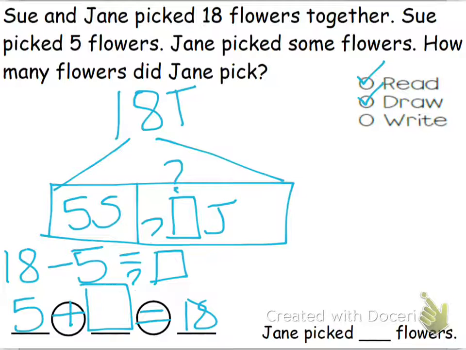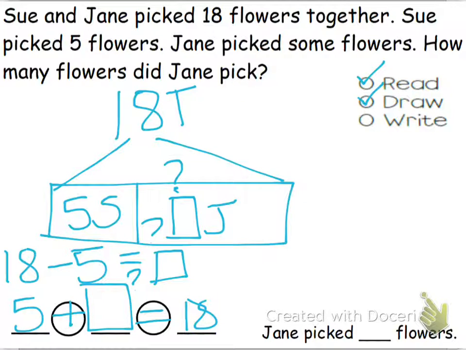So let's figure out, how are we going to solve this? Well, I guess if you're doing the addition, you could count on, but it might get a little bit difficult because I think it might be more than 10. You could draw a picture. So let's first draw the picture.